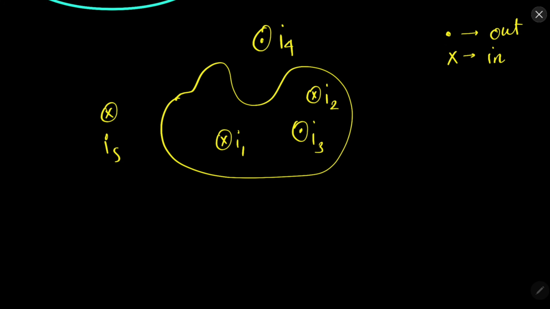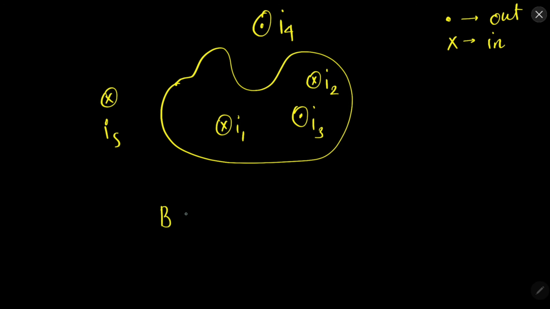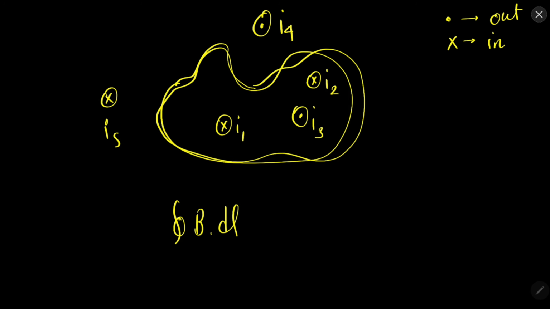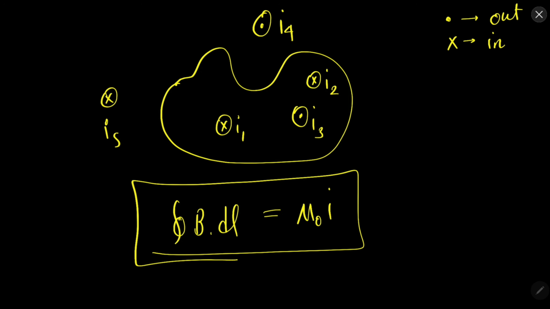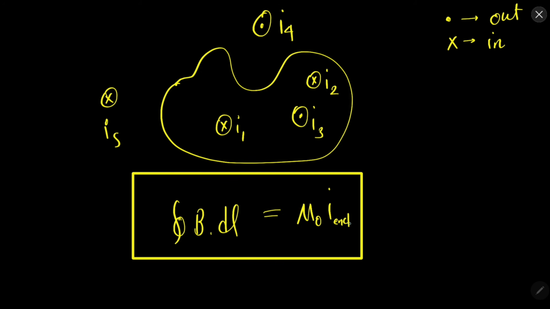So according to Ampere's law, the magnetic field in a certain closed loop is equal to mu naught I, where I is the current enclosed. It is important: current enclosed in the loop.